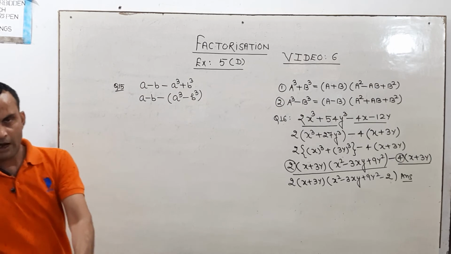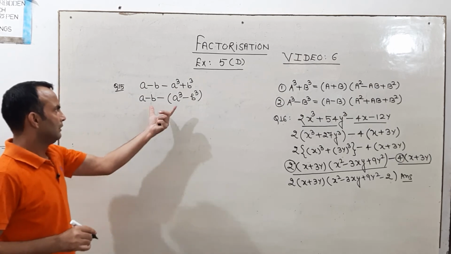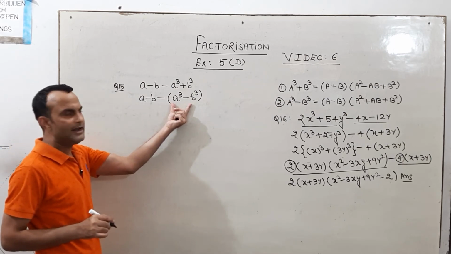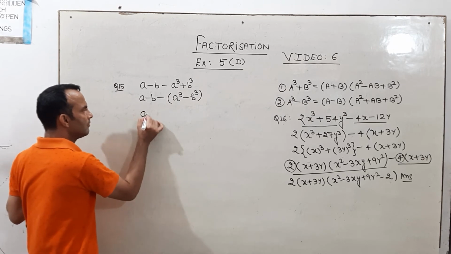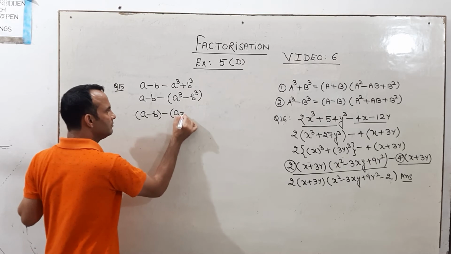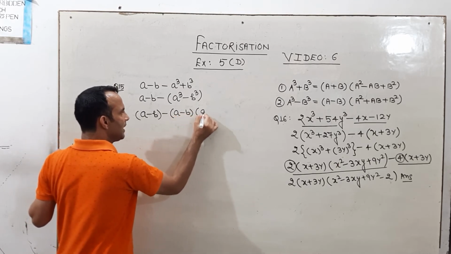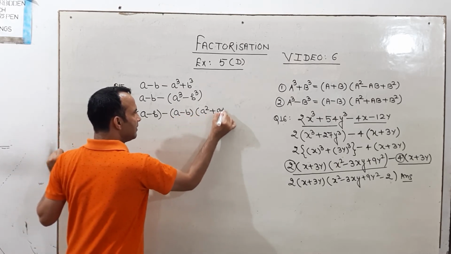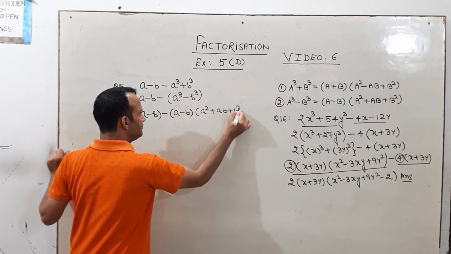Okay, now you can see here we can apply the identity a cube minus b cube. A cube minus b cube is what? A minus b times a square plus ab plus b square.